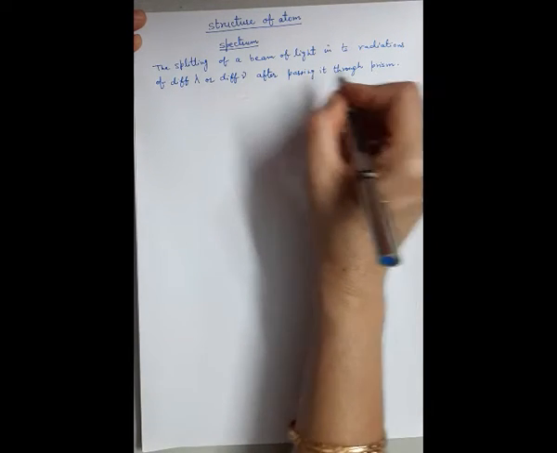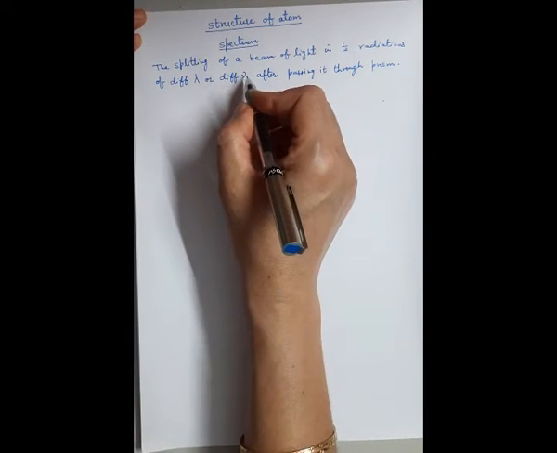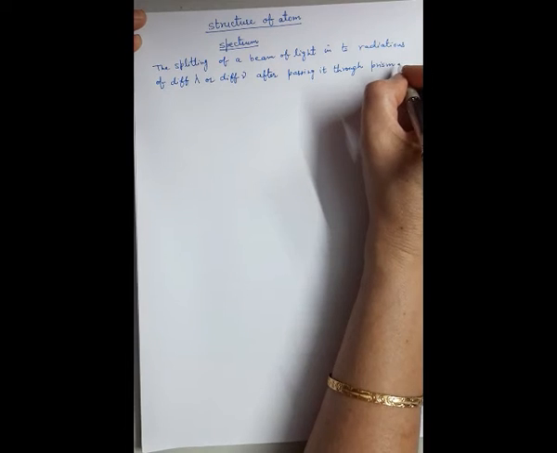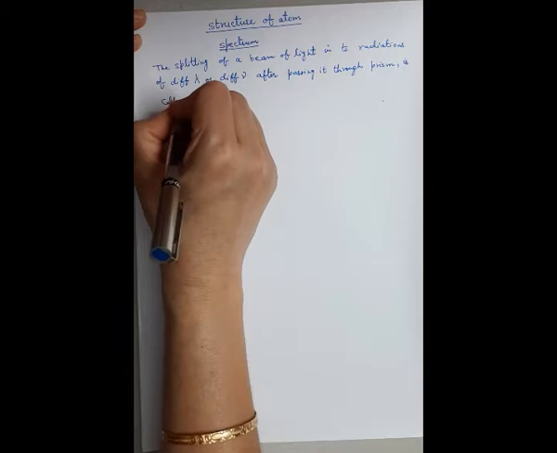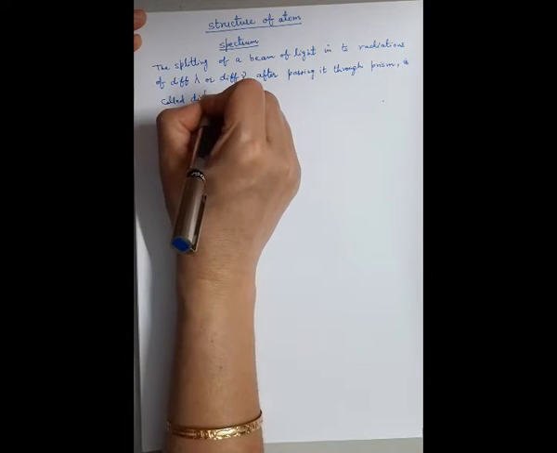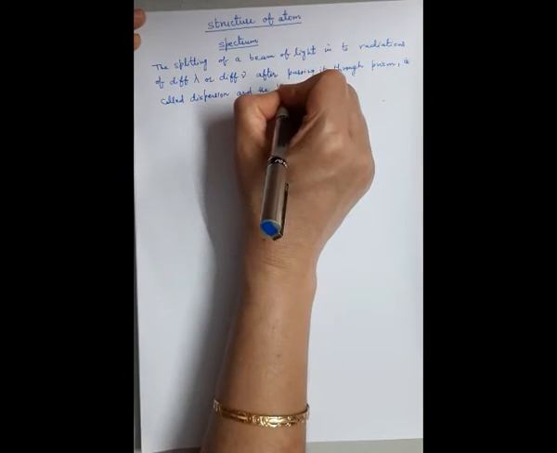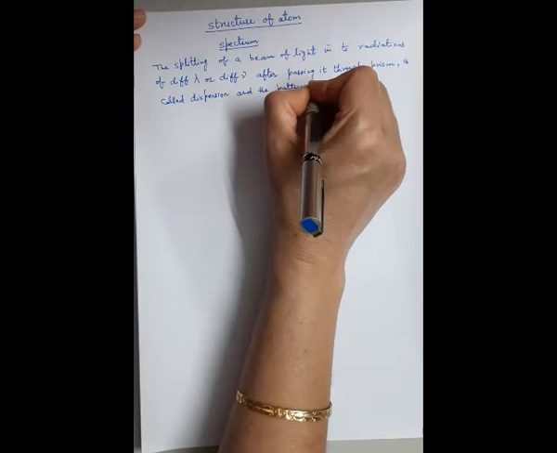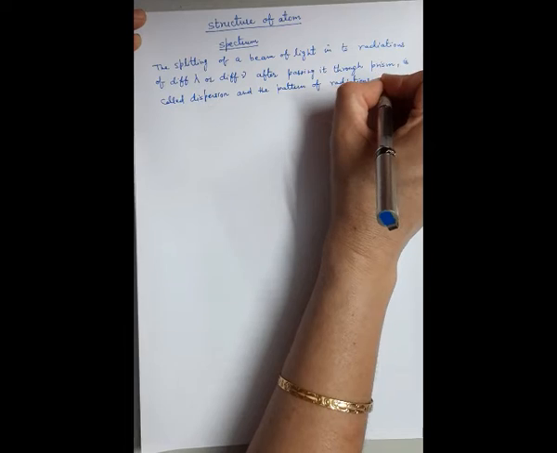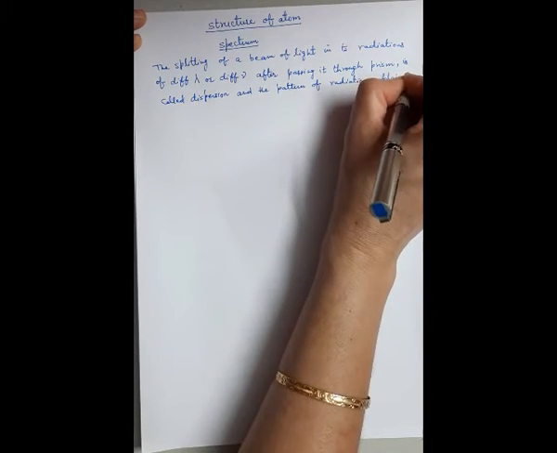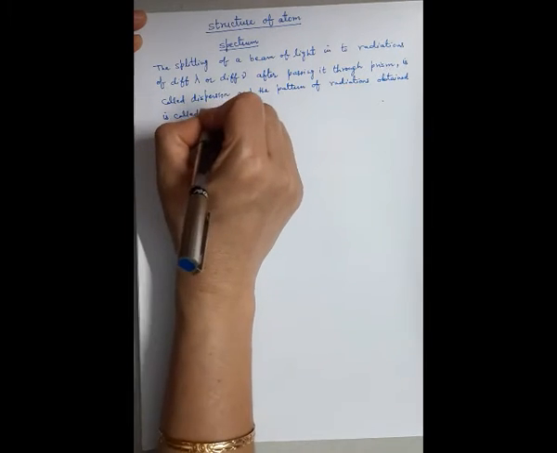So I'll say the splitting of a beam of light into radiations of different wavelength or different frequency after passing it through prism is called dispersion, and the pattern of radiation obtained is called spectrum.